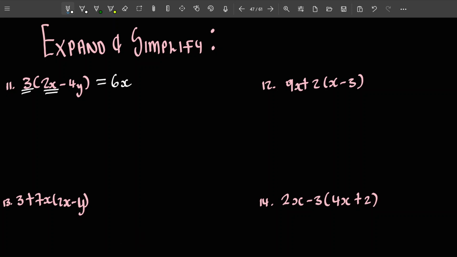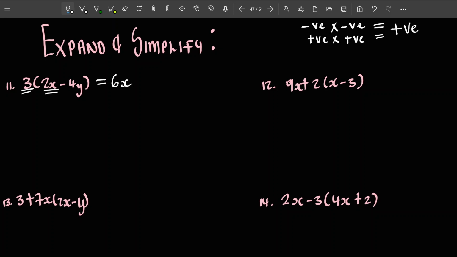Then I say 3 by negative 4y. Now, remember that we did the signs that we get when we multiply things. We said that whenever I multiply two things that have the same sign, negative times negative, or positive times positive, I always get a positive answer.